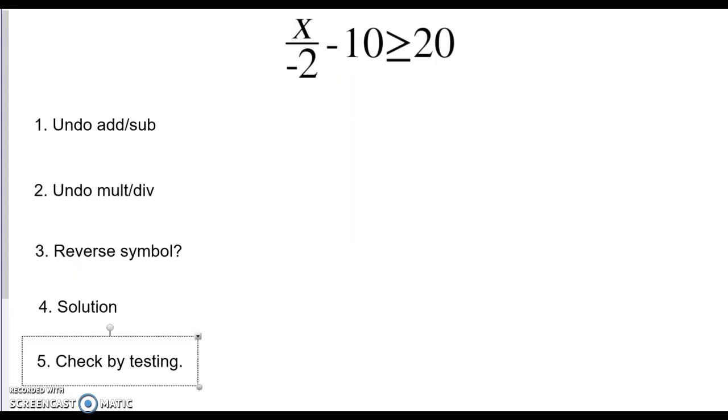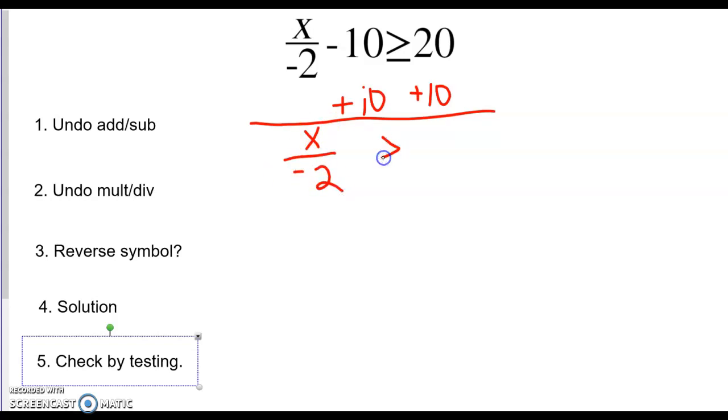Okay, all right, let's try one with division. This one says x divided by negative 2 minus 10 is greater than or equal to 20. I'm going to start by adding 10 to both sides. All right, that leaves me with x divided by negative 2 is greater than or equal to 30. All right, now I need to undo my division by multiplying. And in this case, it is negative 2 in the denominator.